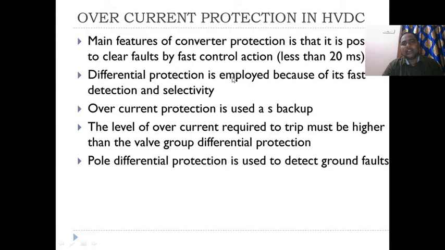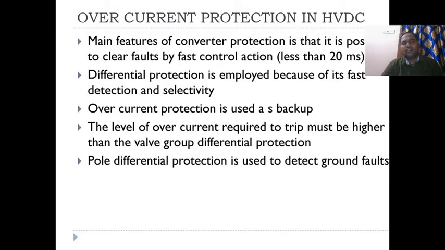Differential protection is employed because of its fast detection and selectivity. Overcurrent protection is used as a backup. The overcurrent level required to trip must be higher than the valve group differential protection. Pole differential protection is used to detect ground faults.